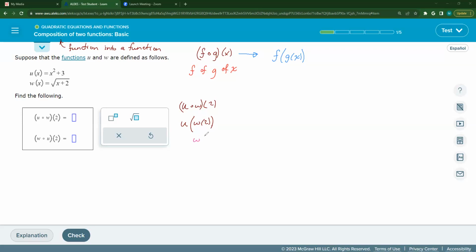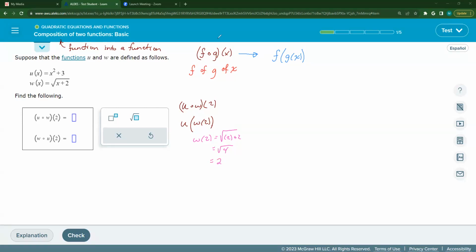So W of 2 means I go to the W equation, which has got that square root starting. So it's the square root. And instead of X, I'm going to put in a 2 plus 2. So the square root of 2 plus 2 is 4. Square root of 4 is 2.